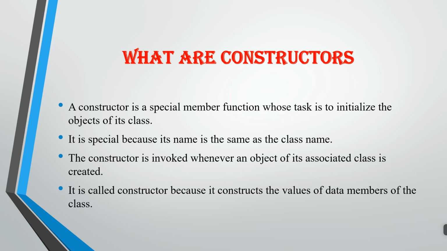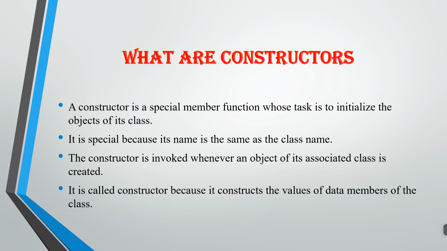So the purpose of the constructor is to create an object and initialize the object whenever an object is created. And it is also special because the name of the constructor must and should be the name of the class itself. Normally, when we define any member function like get data, display, calculate, sum, we may give any name to the member function within the class.